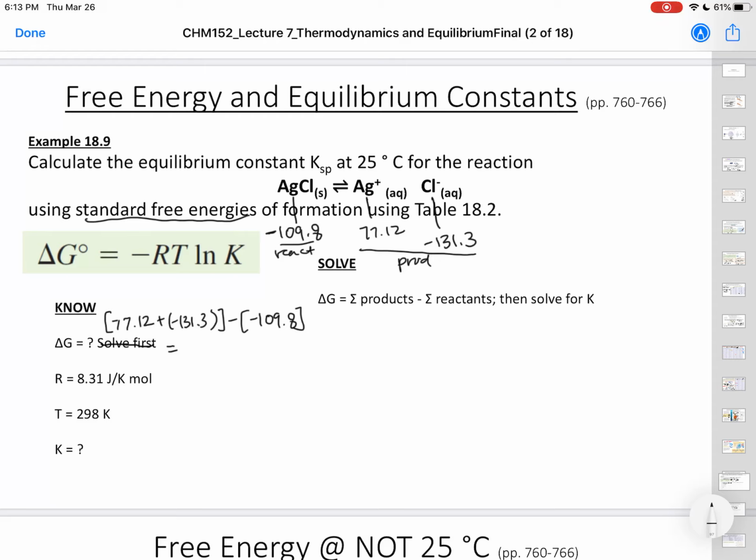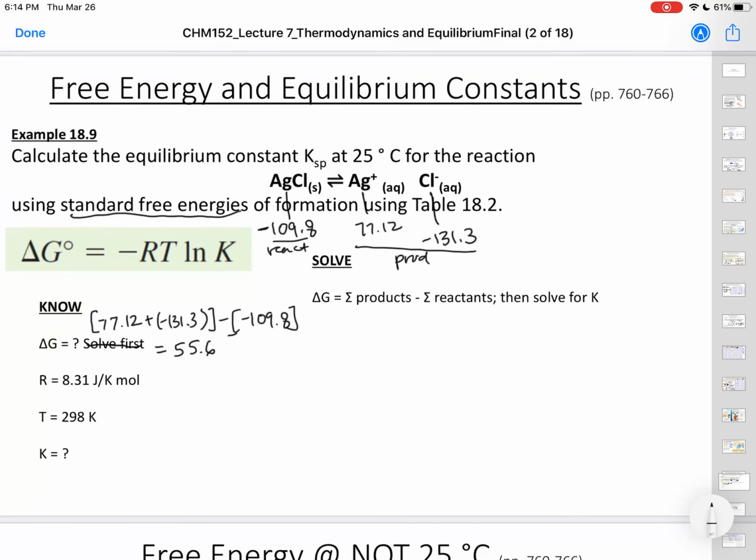If we do this math all the way through, let's see what we get. We get approximately 55.6. And because of table 18.2, looking at the table carefully, we're in units of joules per mol, or kilojoules.